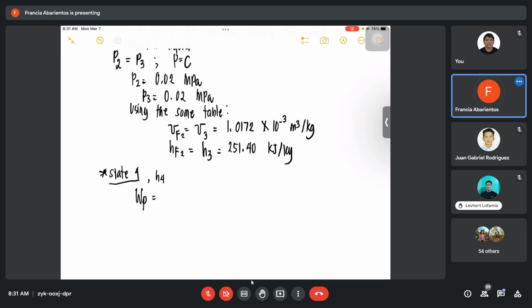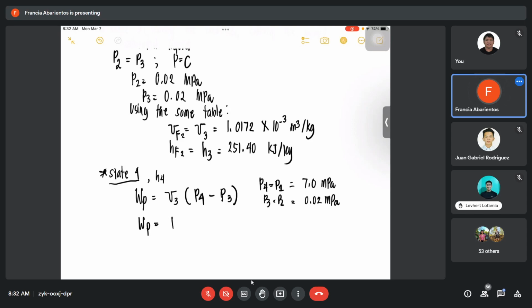We have the specific volume at 0.3 times pressure 4 minus pressure 3. We know that pressure 4 is equal to pressure 1, and pressure 3 is equal to pressure 2. The pressure at 0.1, given in the problem, is 7 megapascal, and this is 0.02 MPa. We need to compute first for the work of the pump. Specific volume, just substitute.